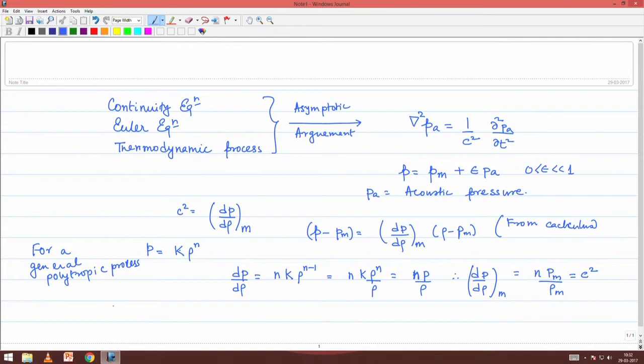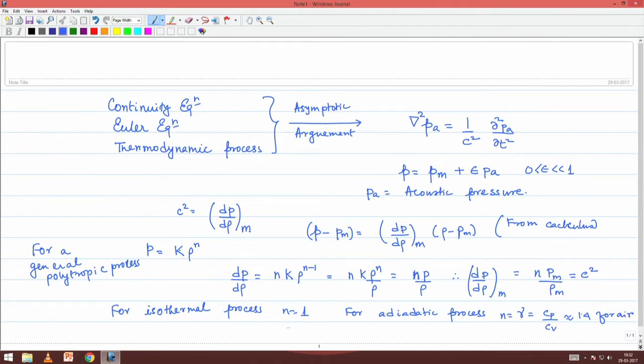It turns out that for an isothermal process you should have n equal to 1, and for an adiabatic process the value of n should be equal to gamma, which is the ratio of the two specific heats, and this turns out to be nearly 1.4 for air.